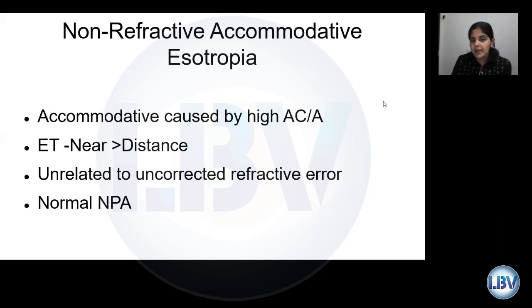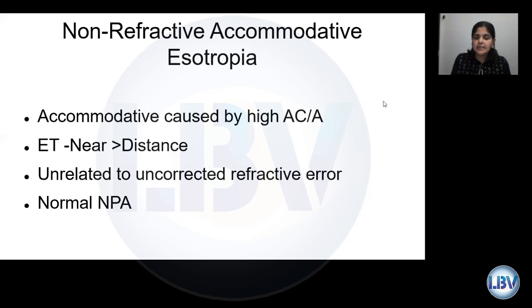Then is the non-refractive accommodative esotropia. Here, the accommodative part is the reason why you see the esotropia, which is more at near than at distance. That is mainly because there is a high ACA ratio. The refractive error is very minimal and it has nothing to do with the esotropia that you see.